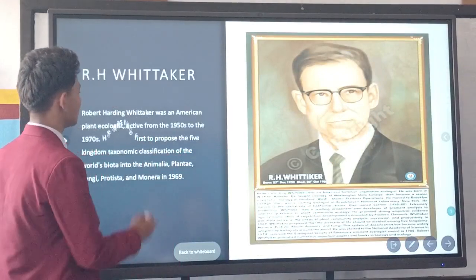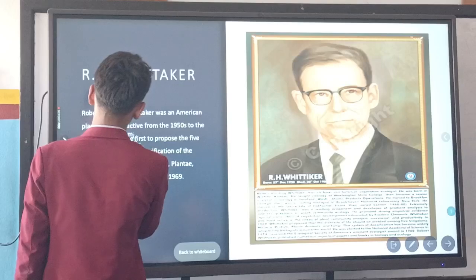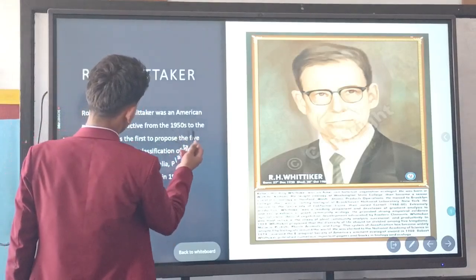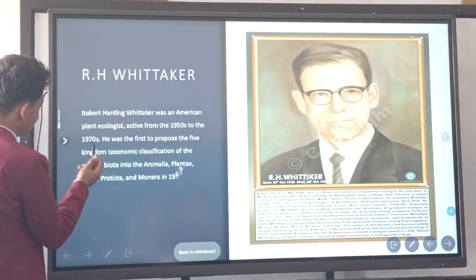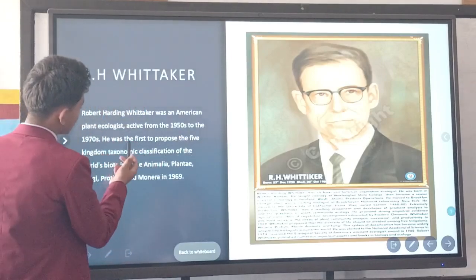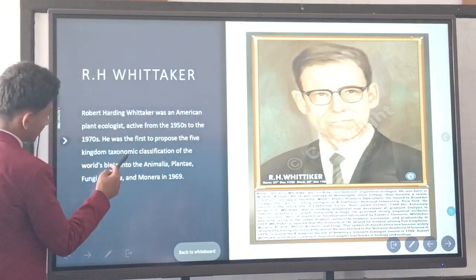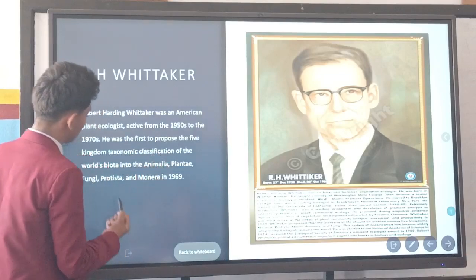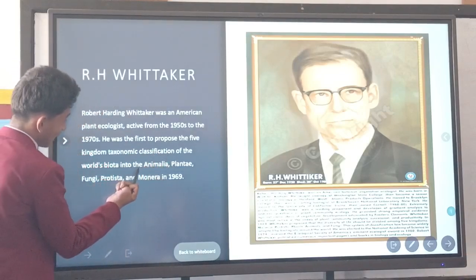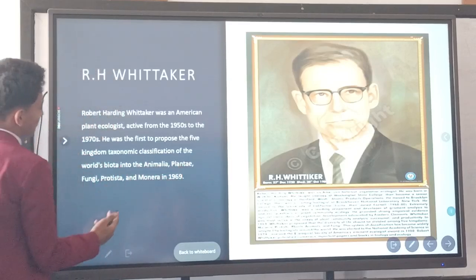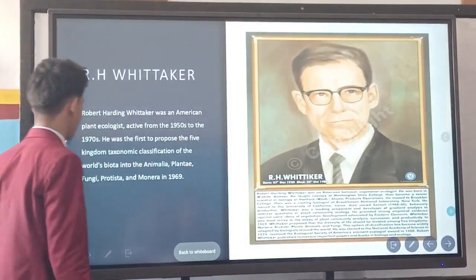Robert Harding Whittaker was an American plant ecologist active from the 1930s to the 1970s. He was the first to propose the five kingdom taxonomic classification of the world biota into Animalia, Plantae, Fungi, Protista, and Monera in 1969.